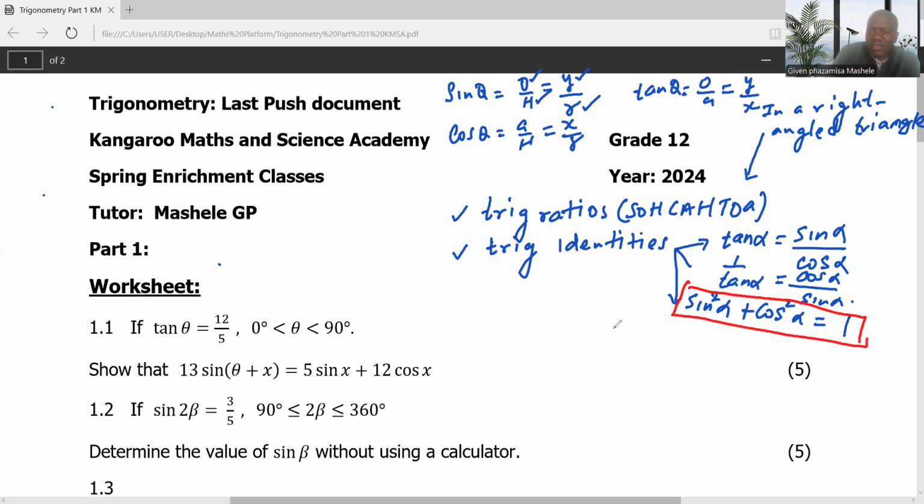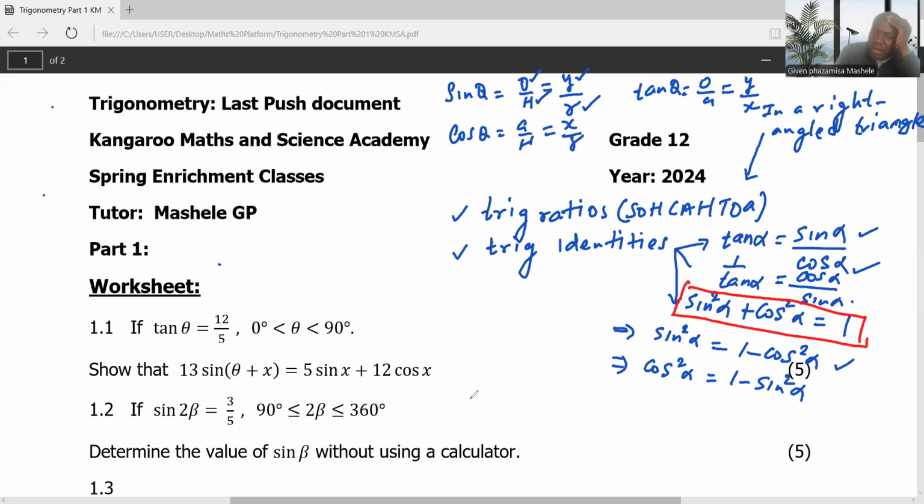Sine squared of an angle is the same as 1 minus cos squared of an angle. Or if you want cos squared of an angle, this is the same as 1 minus sine squared of an angle. So it's very important to know these trigonometric identities.